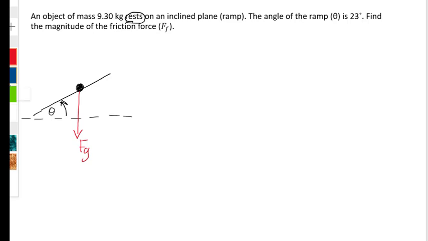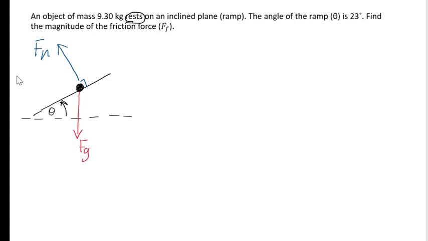Anytime there's a surface, we have a normal force. And if you remember from the notes, the normal force is always perpendicular, or 90 degrees, to the surface. So our normal force is here. So we have the weight and we have the normal force.